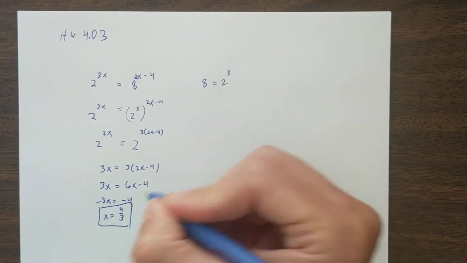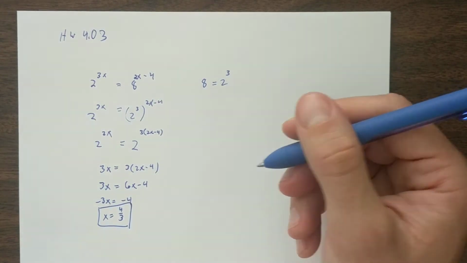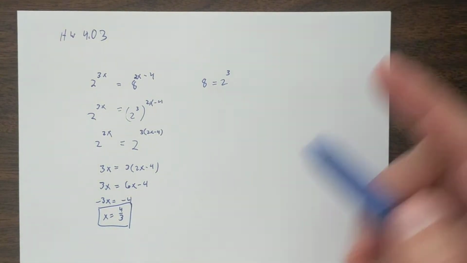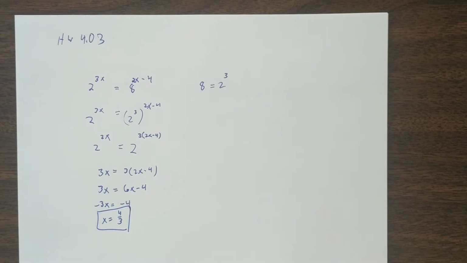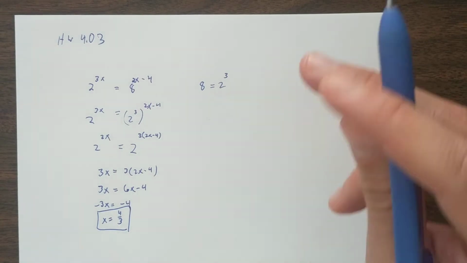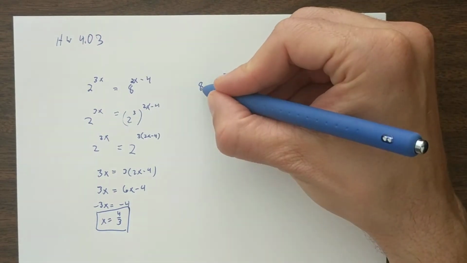And so with these problems, for the first 6 problems on the homework, I want answers that are in fraction form, no decimals. Let me do one more example though.